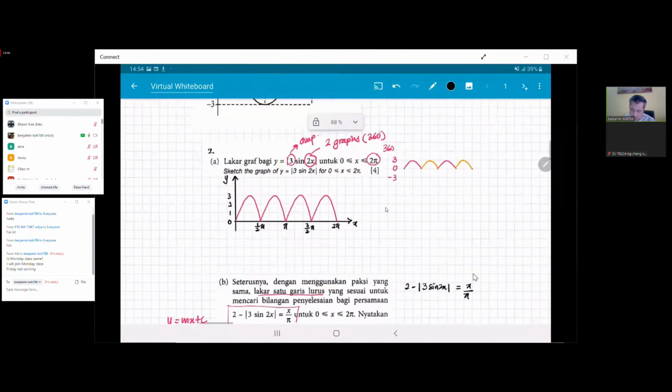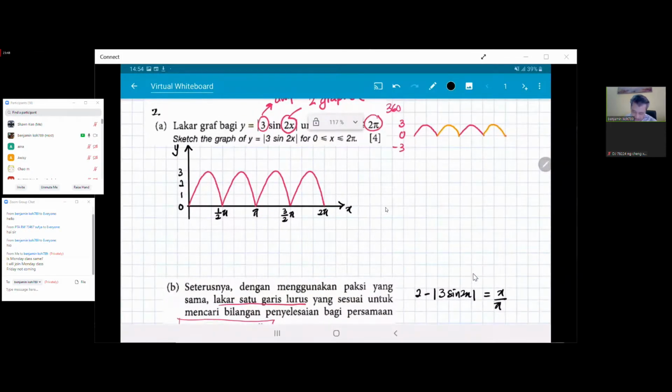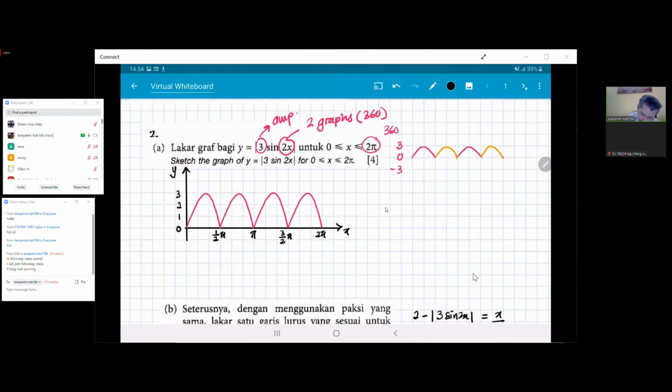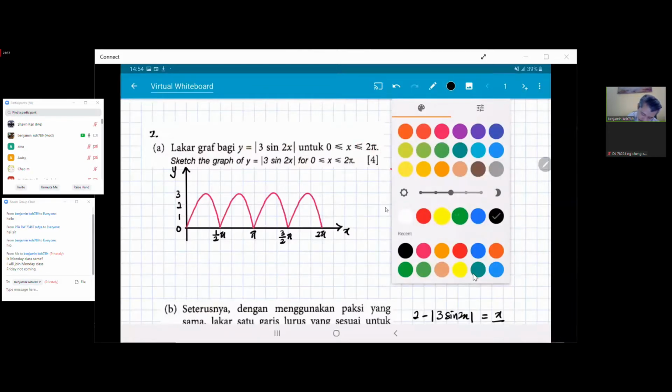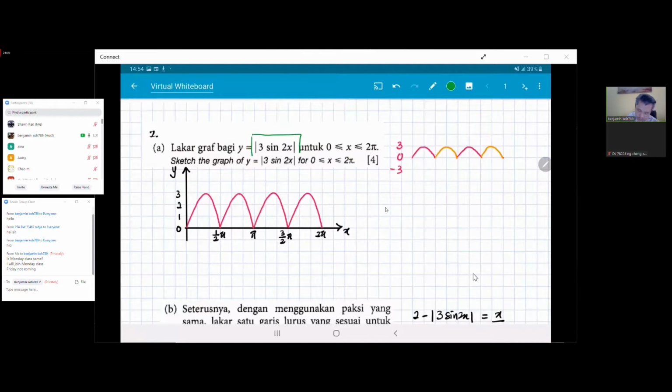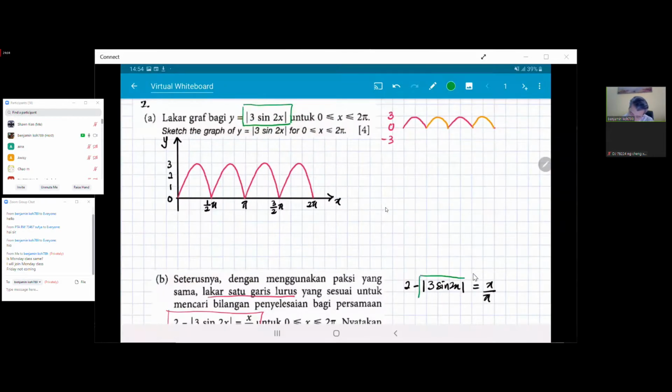When you bandingkan dengan part 1, do you see there is something in part 1 here which is also found in part 2, which is here? Can you see that? You must open your eyes and realize that these two are the same. So from your part A, modulus 3 sine 2x sebenarnya ialah y. If I know that, I can replace this green box here with y. Boleh faham?